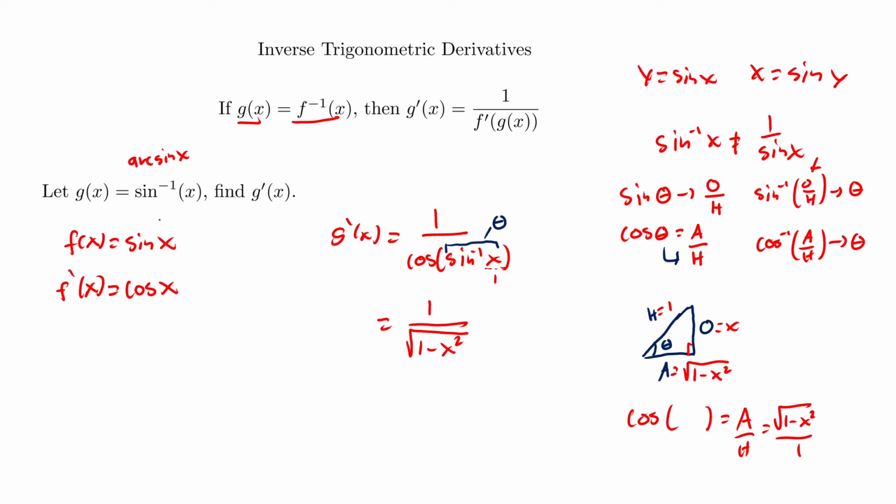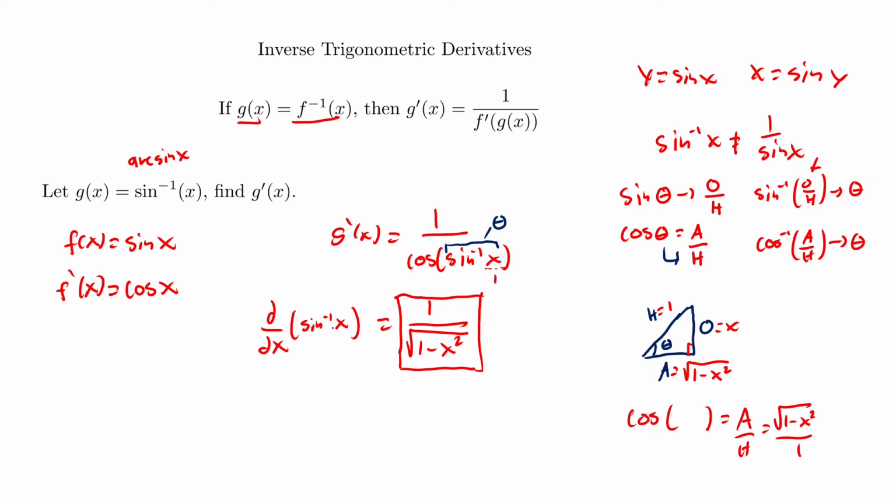So even though we're taking the derivative of an inverse trig function, the surprise thing is that we actually get some sort of algebraic expression without any sines and cosines in this. So this is actually the derivative of the inverse sine.